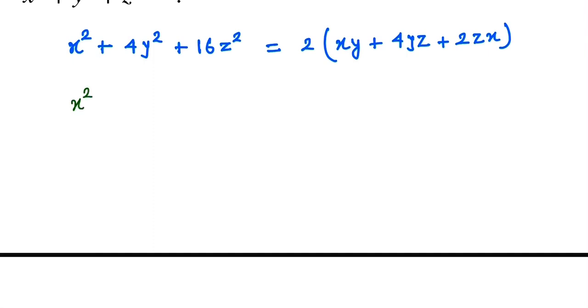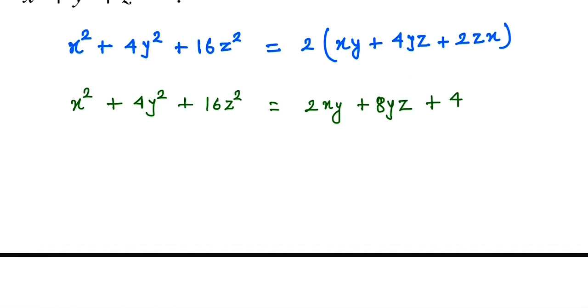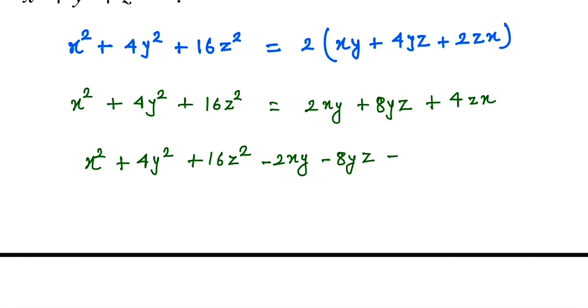Now we transfer everything to the left hand side, so all become negative: x square plus 4y square plus 16z square minus 2xy minus 8yz minus 4zx is equal to 0.